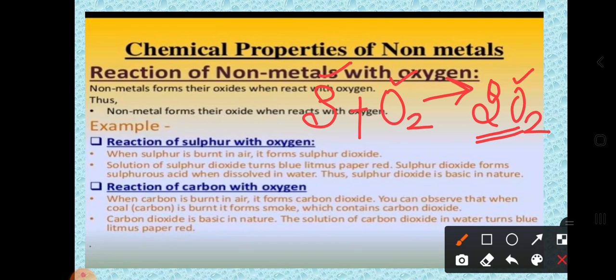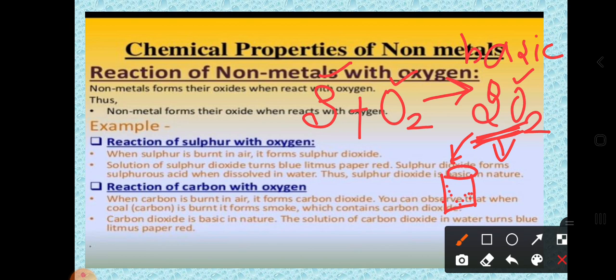So dear students, this SO2 is acidic in nature. Why? Because when you make a solution of SO2, by taking SO2 and adding it into some water, you will get a solution of sulfur dioxide.